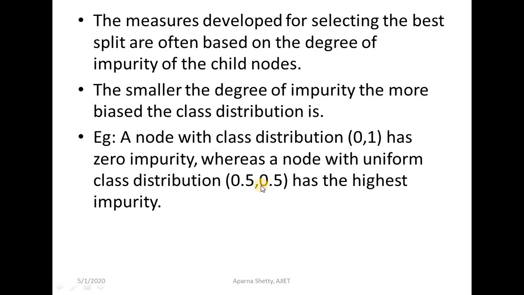Whereas here it is equally distributed, 0.5 and 0.5, hence it has the highest impurity. So the smaller the degree of impurity, the more biased the class distribution is.